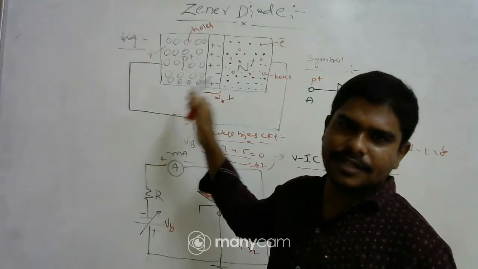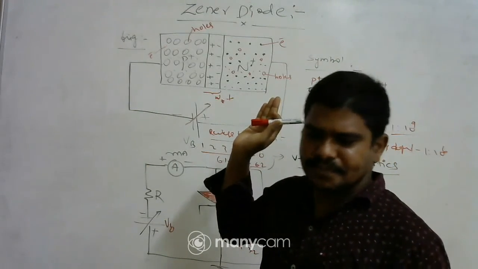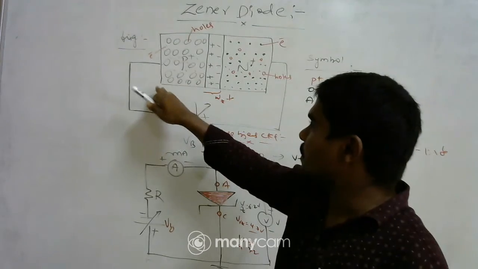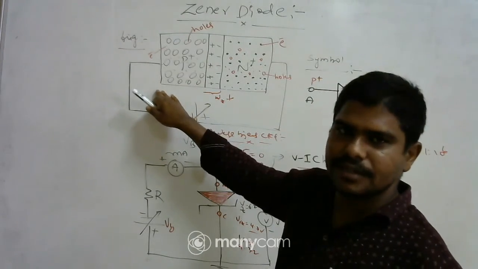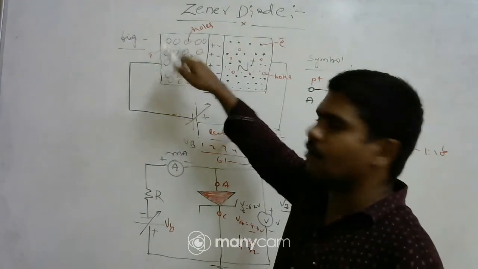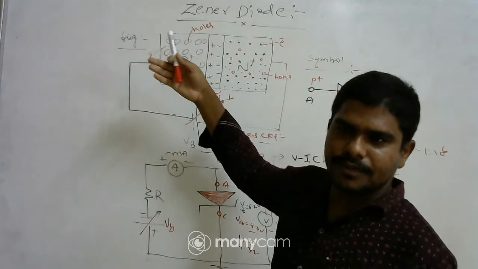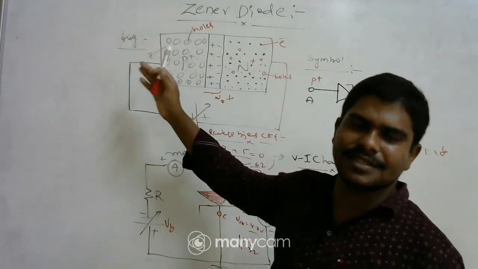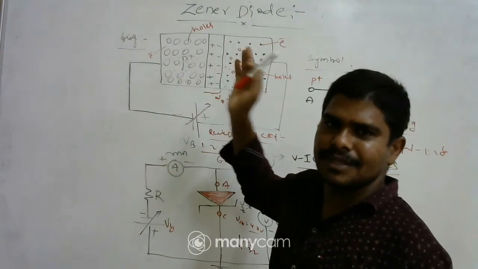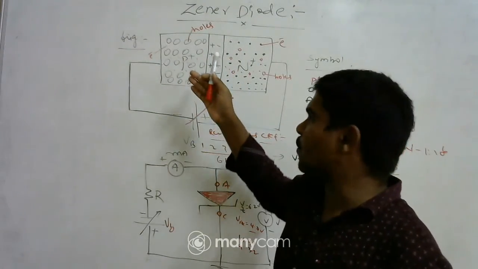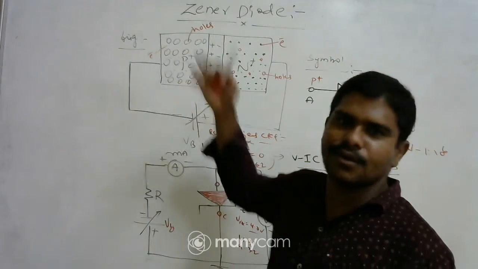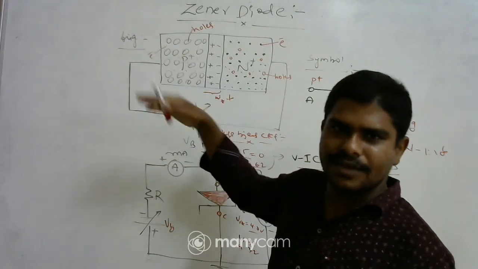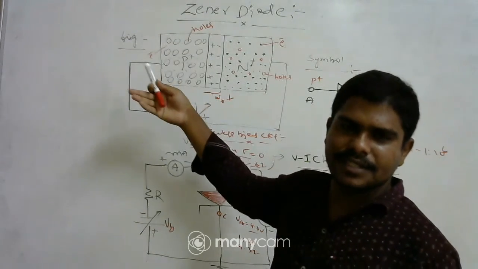In case of avalanche breakdown, what happens? At high temperature in reverse bias, first the covalent bonds break down. Due to temperature, the covalent bonds release pairs of charge carriers, holes and electrons. These holes and electrons collide with other covalent bonds and release more pairs.